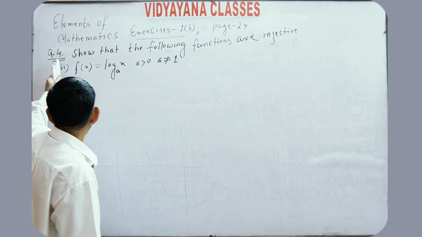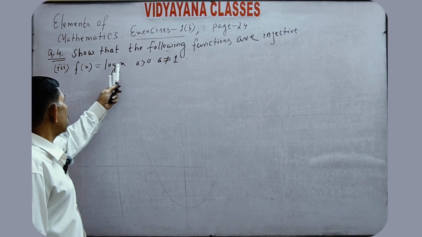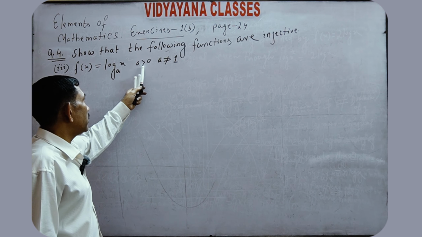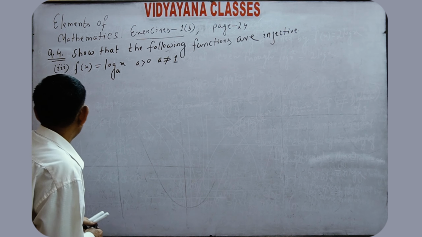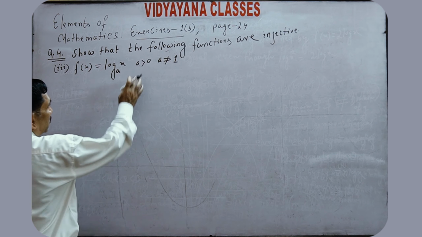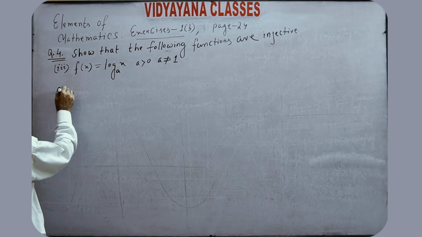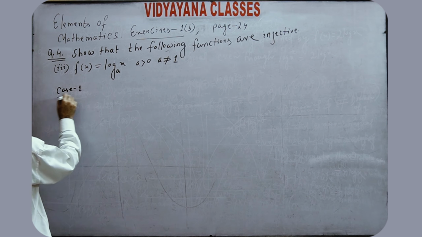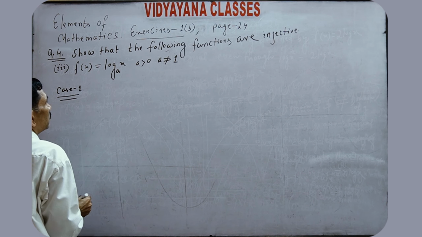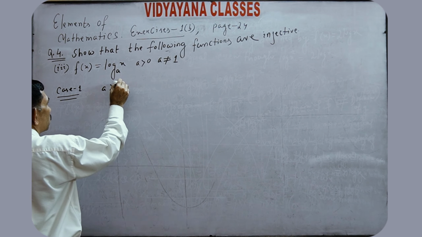Next, question number 4, third bit: f(x) = log x with base a, x greater than 0, a greater than 0, a not equal to 1. There exist two cases. Case 1: a greater than 1.